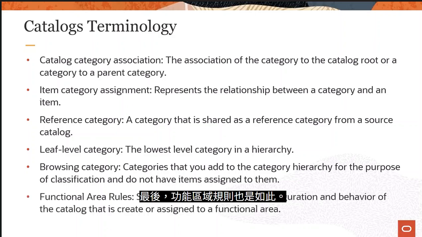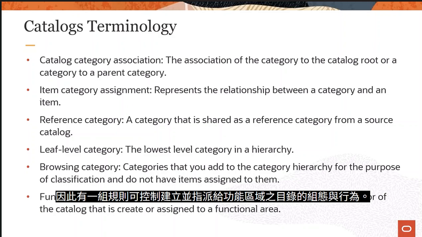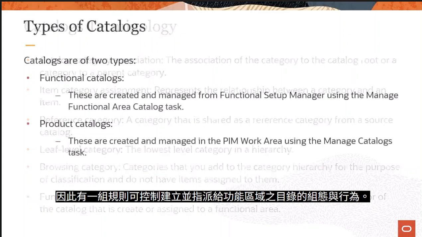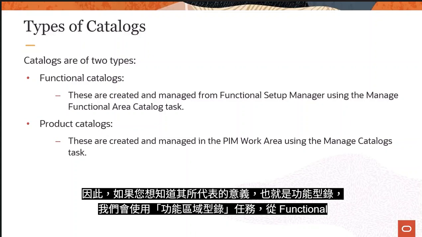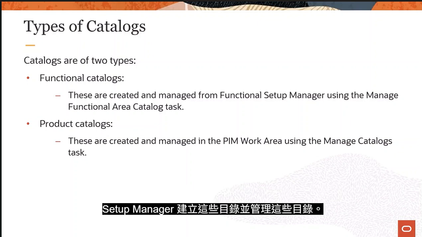And then finally, the functional area rules. So there are seeded rules that control the configuration and behavior of catalog that is created and assigned to the functional area. So if you're wondering what the heck does it mean by that, well, the functional catalogs, we create those and manage those from the functional setup manager using the functional area catalog task.